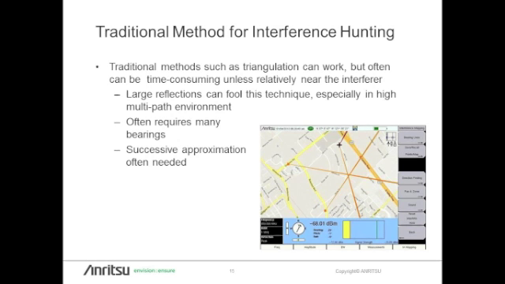Each little orange square identifies the position where someone is standing, and they rotate 360 degrees with a directional antenna looking for the highest amplitude, the highest power level. Once they find it, they take a measurement, and that measurement is identified on the map as a bearing, that orange line. Typically you need at least 3+ bearings to have an intersection point where you can say this is an area of probability where the interferer is being generated from.